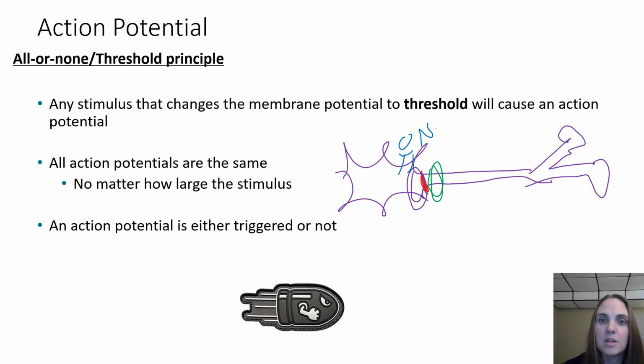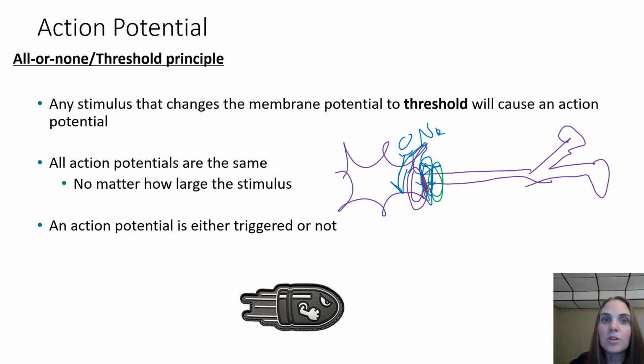If this is a sodium channel, the sodium is going to flow in, and that's going to cause a graded depolarization. If that graded depolarization is large enough when it reaches the axon hillock and then the initial segment at that trigger zone, then the action potential is triggered.